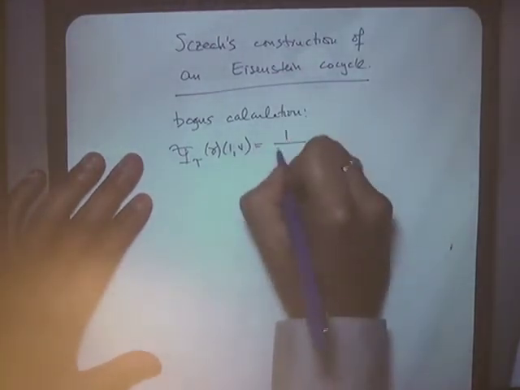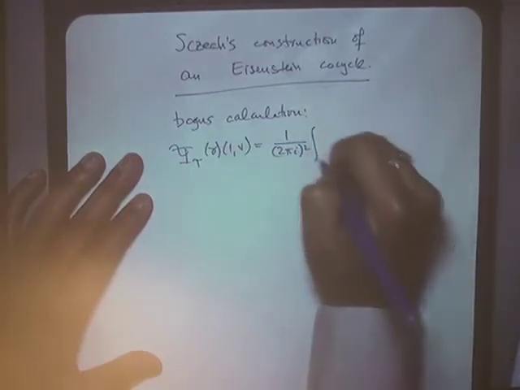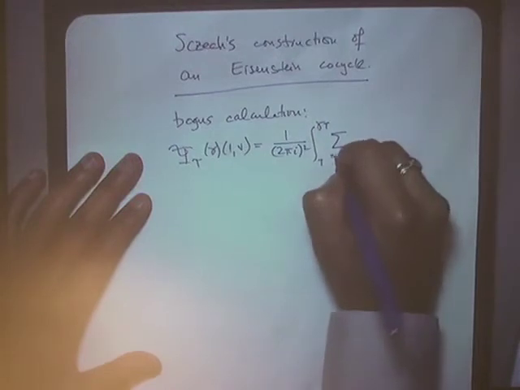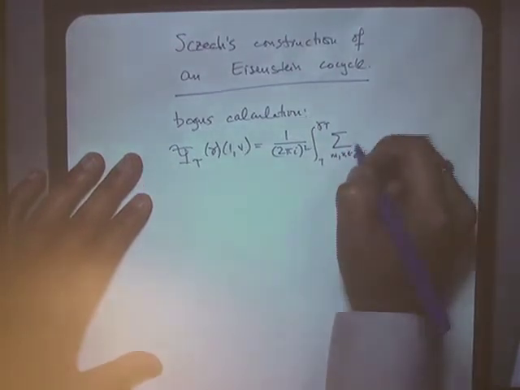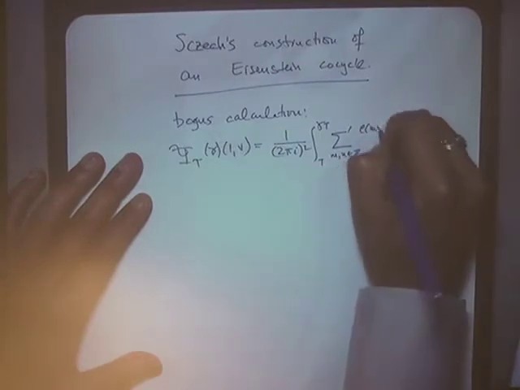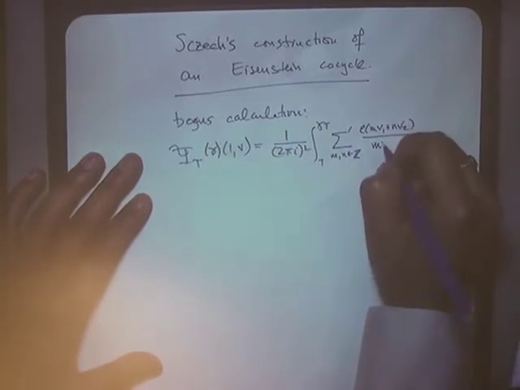If you remember the definition, it's 2 pi i squared times the integral from tau to gamma tau of the sum over m and n in Z, prime, so m and n are not both 0, of e of (m v1 plus n v2) over (m z plus n) squared dz.